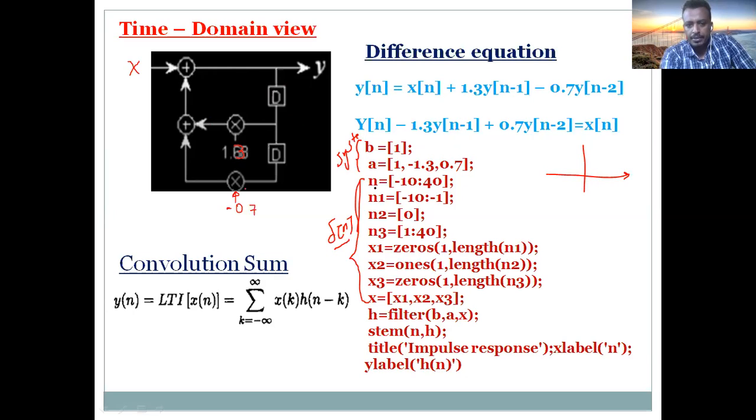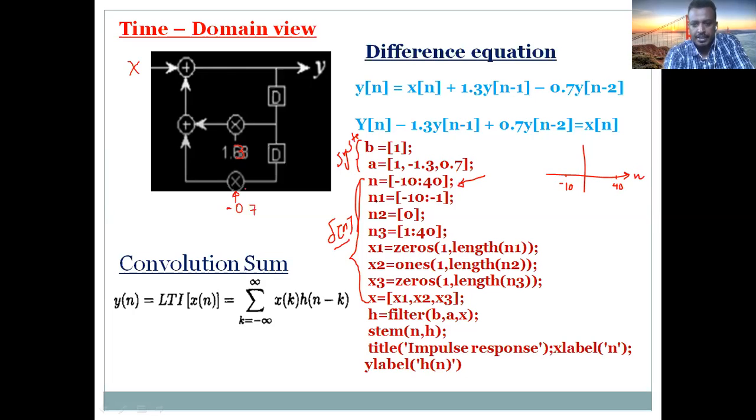So as you can see here, n represents the time range from -10, you can take any time range, it doesn't matter, up to 40, positive 40. We specify the time from -10 up to 40.